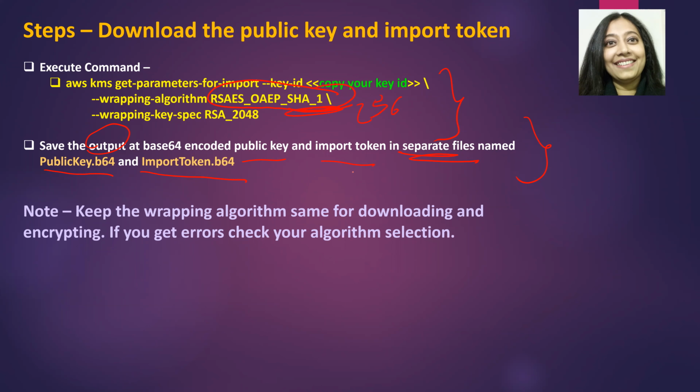If you don't do that, you will get errors. So if you get errors, just go back and check what your algorithm is and ensure that it's the same. In my case, I'm using SHA-1. And that's what this note is all about.